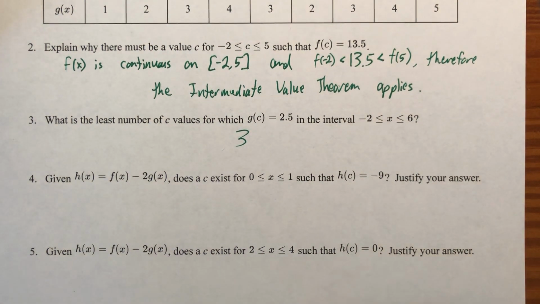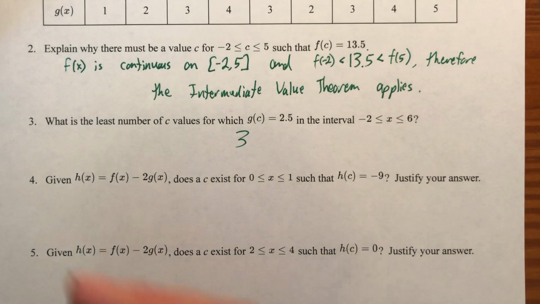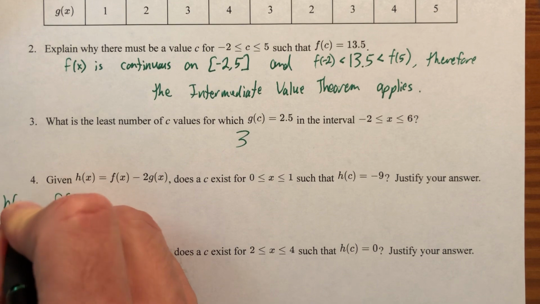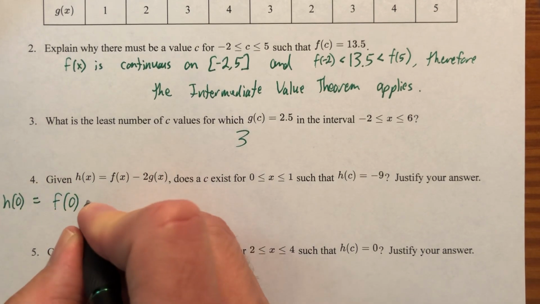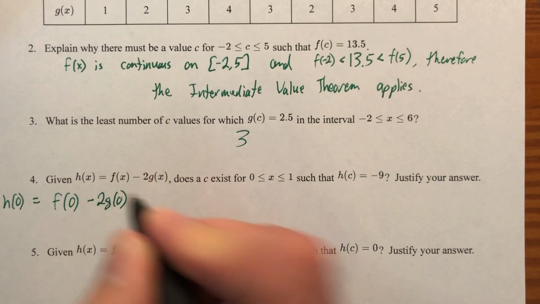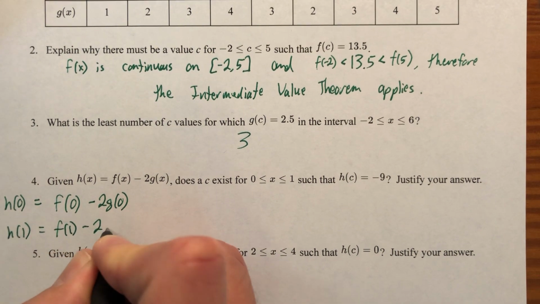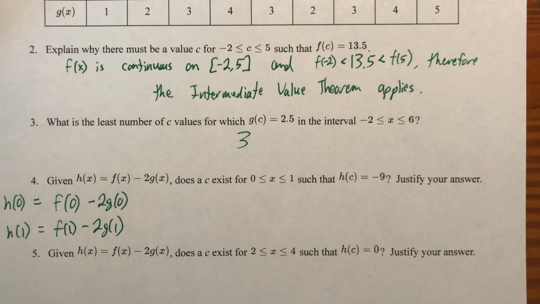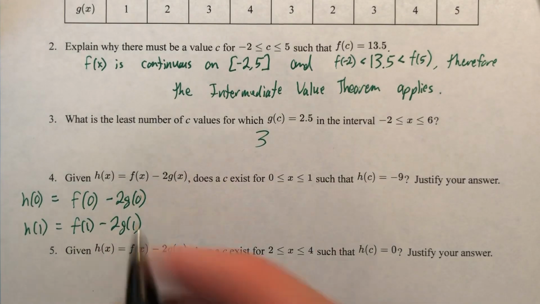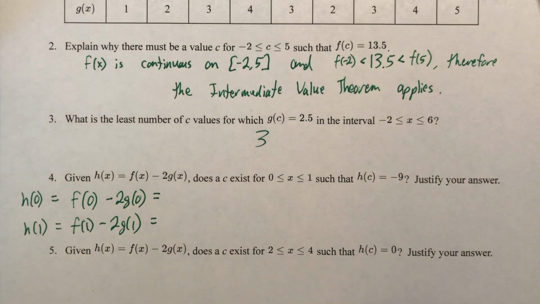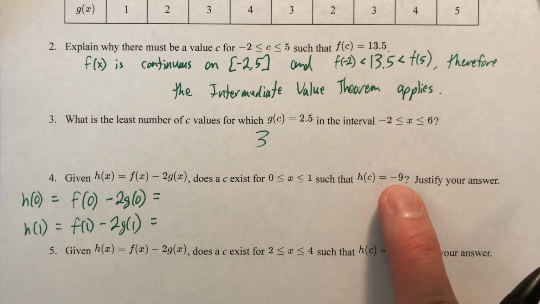So I want to check for betweenness. If I were to plug in a 0, let's back up. H of 0 would equal F of 0 minus 2G of 0. And H of 1 equals F of 1 minus 2G of 1. If I were to plug those things in, am I going to get values that are on either side of -9?